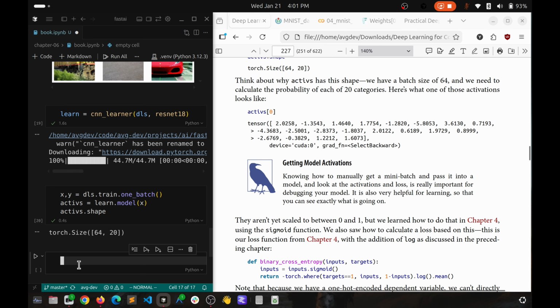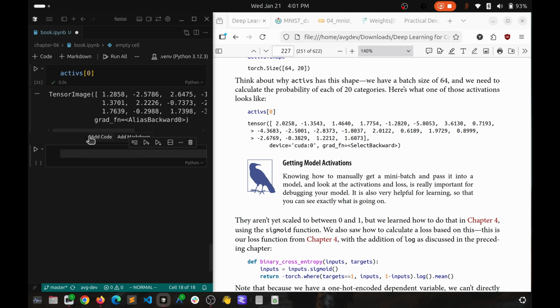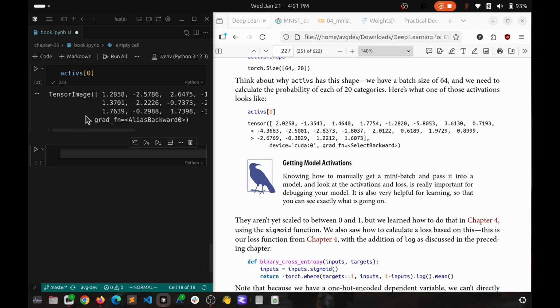Okay, so let's look at one of those. acts[0]. All right. So a bunch of floating points. I guess it's not really probability yet. Just basically a result of one of the layers.